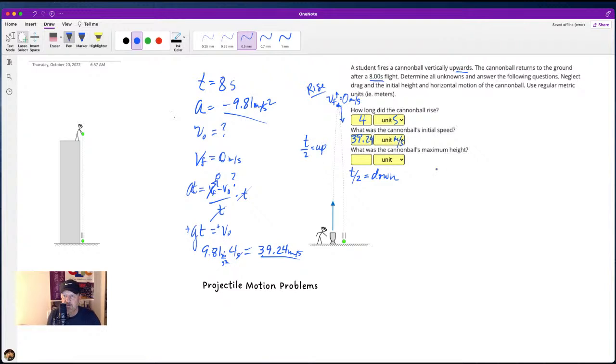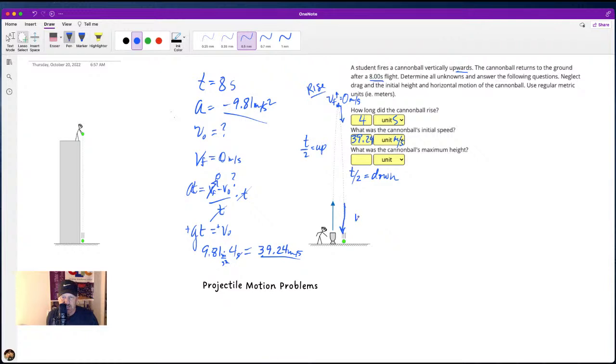And then what was the cannonball's maximum height? Well, the height that it goes up here, we can consider a couple of things. We can consider V initial as that. V final is negative that.